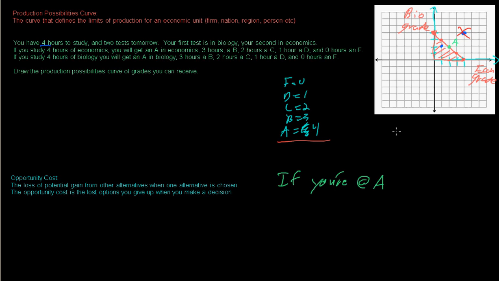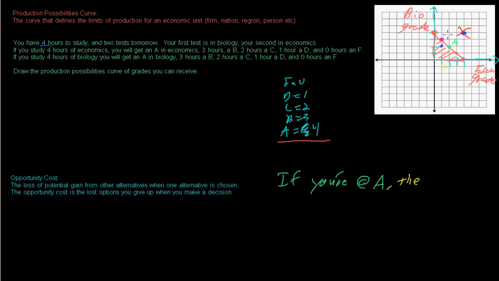the opportunity cost of improving your grade in bio by 1 is decreasing your grade in econ by 1. So let's call this new point, let's do it in blue because it shows up a little better. Now we already used blue. We will do a kind of bright pink right here.